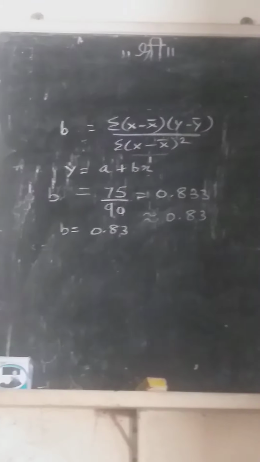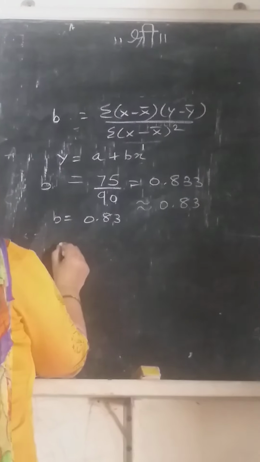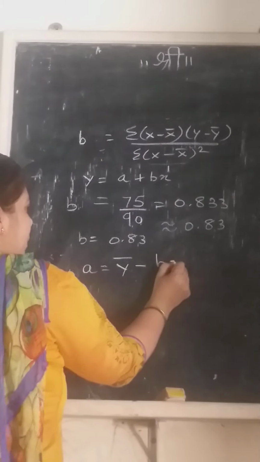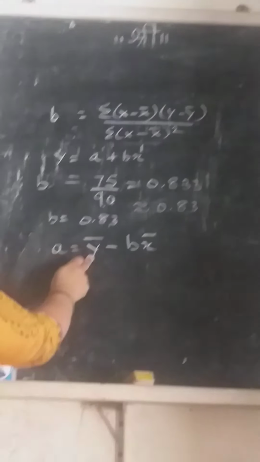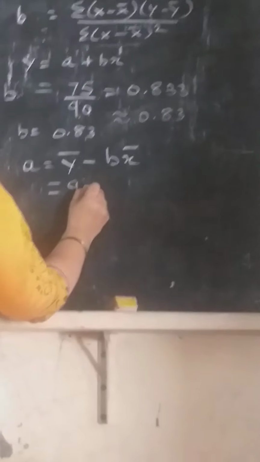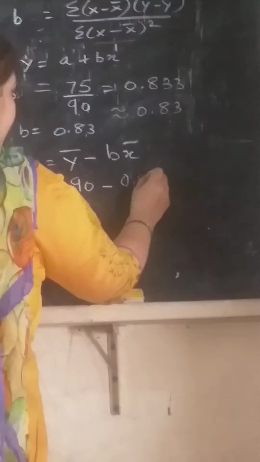Right? Now in order to find the a value, we have the formula as a is equal to y bar minus b x bar. Right? So for calculating here, I will replace the value of y bar. From that table, we have y bar as 90. 90 minus 0.83 into x bar. X bar is 31. So I will first do the calculation of b x bar.